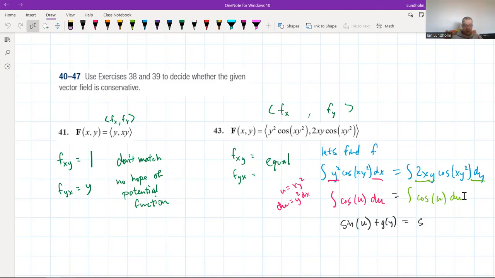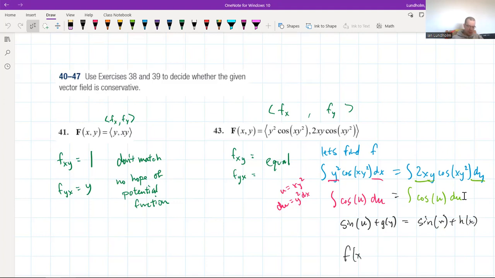There could be some h of x as plus c, but since these two things are equal to each other, that function of y or that function of x is totally equal to 0 because those things need to be equal. And so sine of u becomes sine of xy squared. And that's what our function is.